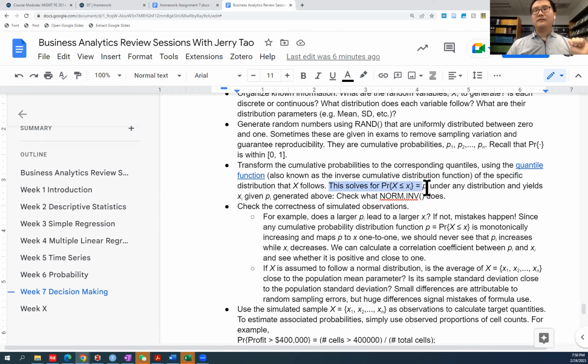So in this step, we are transforming P to X, given that we know this cumulative probability function, so that we can get X based on P. And that's exactly what an inverse cumulative distribution function does.